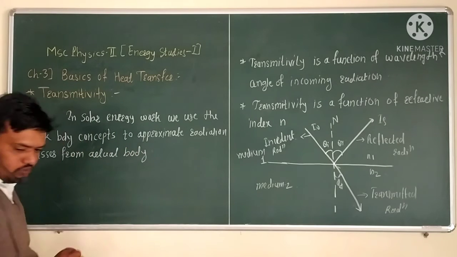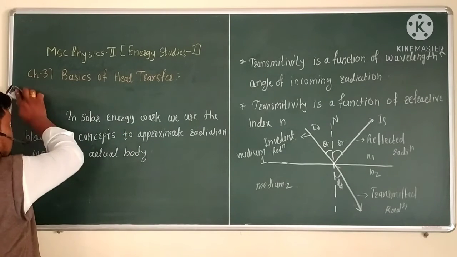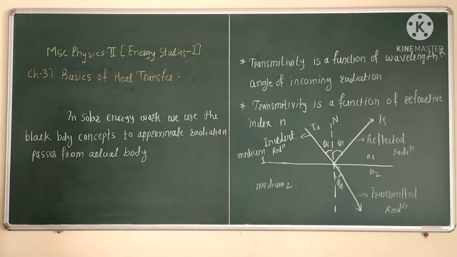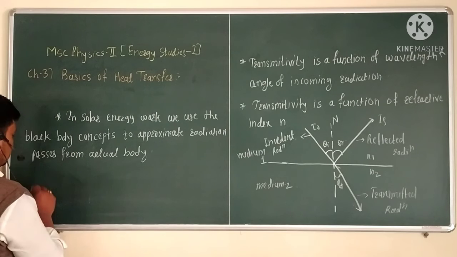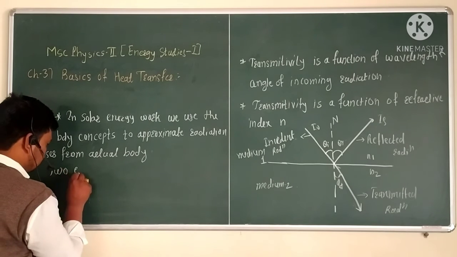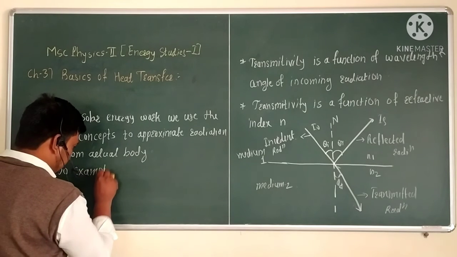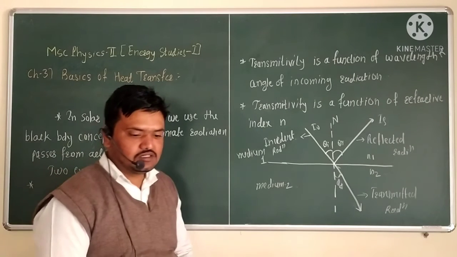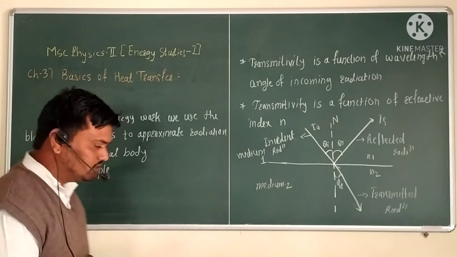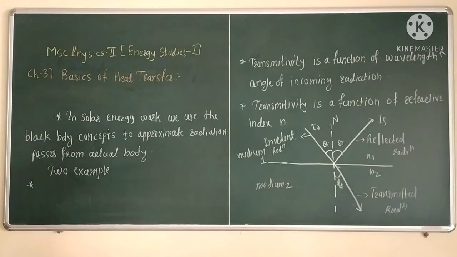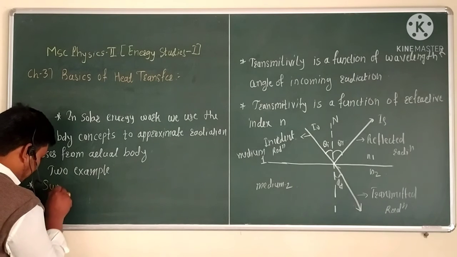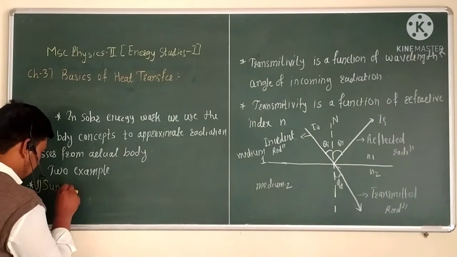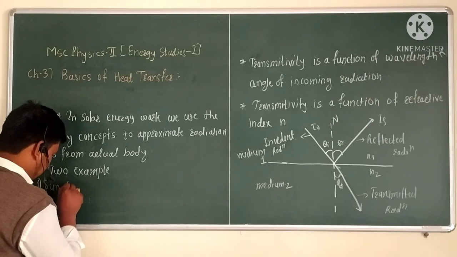Here we give two important types or examples. The first example or type of radiation is the sun radiation.